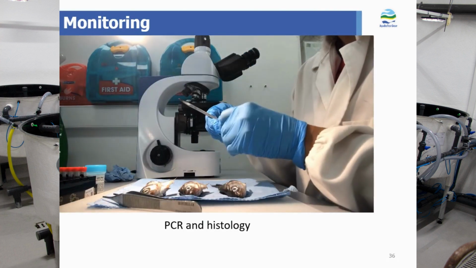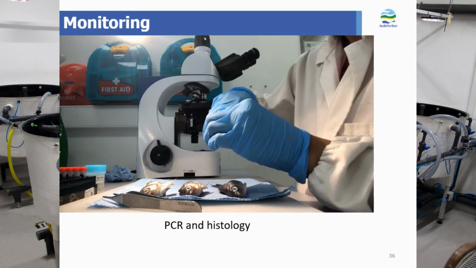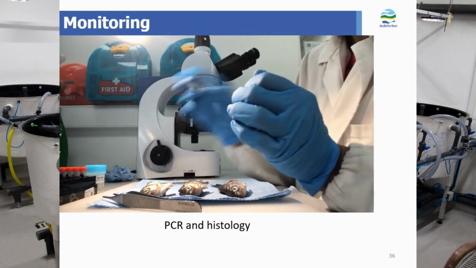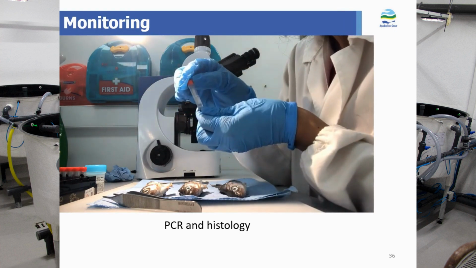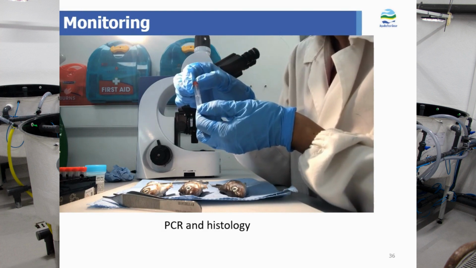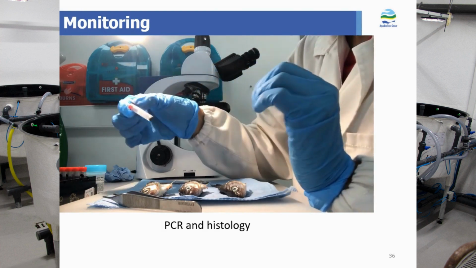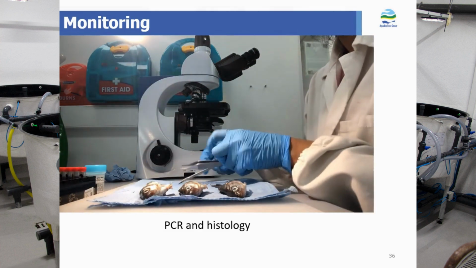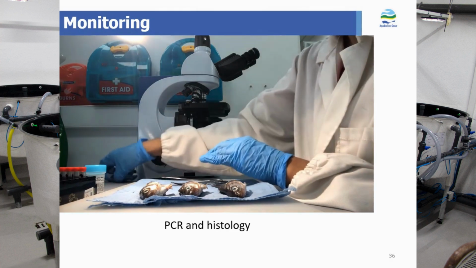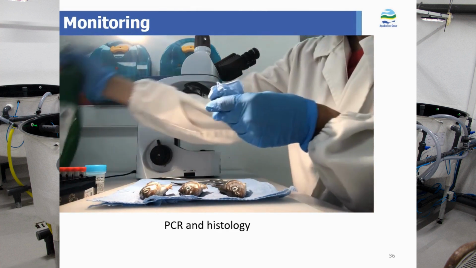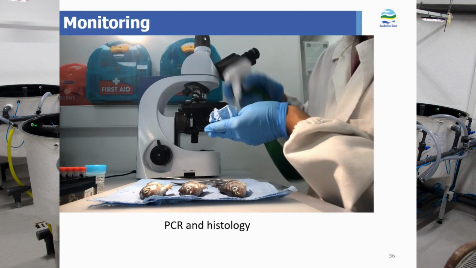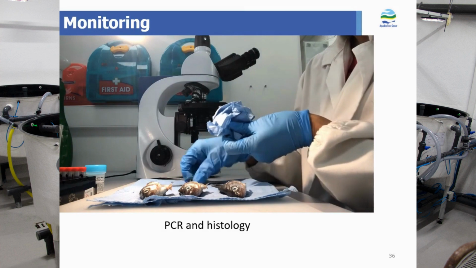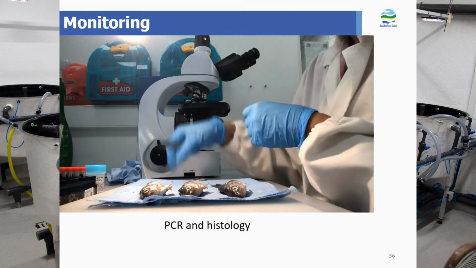What we do first, we take a little piece of head kidney and we put it in the PCR tube. We shake it to make sure that the tissue is in the liquid. Then we're going to take another piece of tissue. We disinfect first and clean any tissue leftovers.